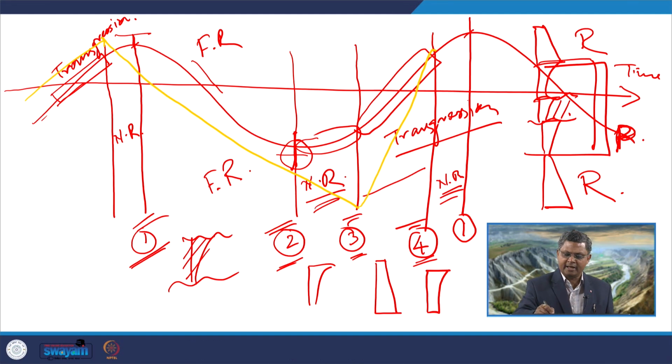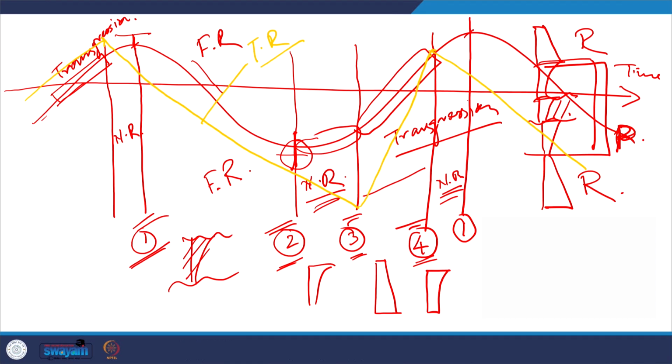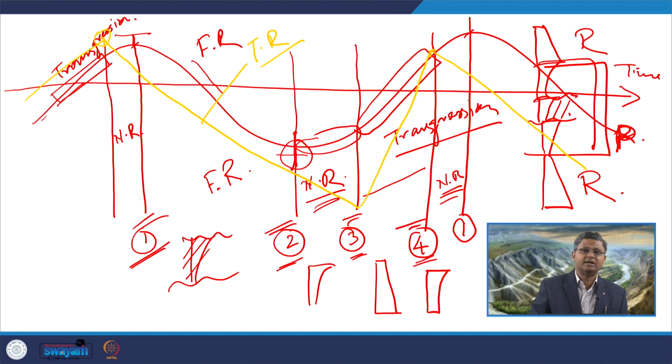From here again the regression is starting. This yellow line is the TR curve. So, this curve is not exactly superposed on the base level curve. It is out of phase with respect to the base level curve. So, what we are getting over here, the peak of the transgression is not matching with the peak of the base level rise. The peak of the regression is not matching with the peak of the base level fall.